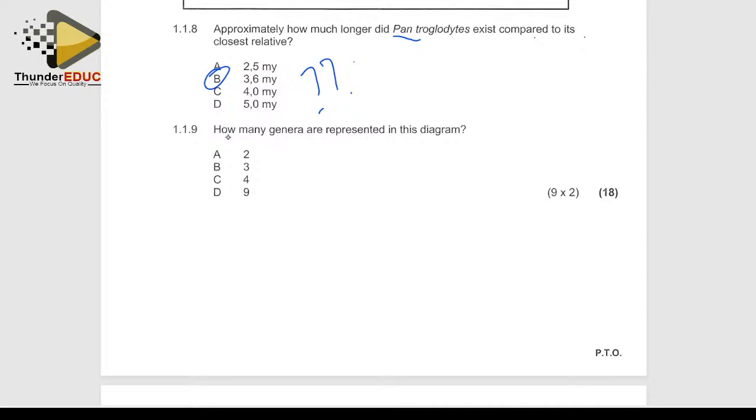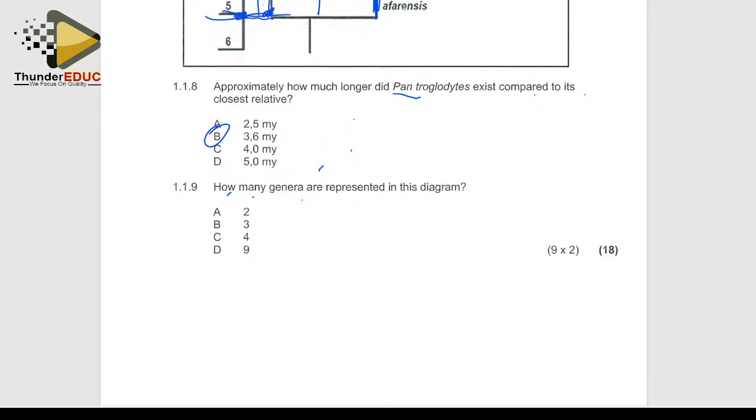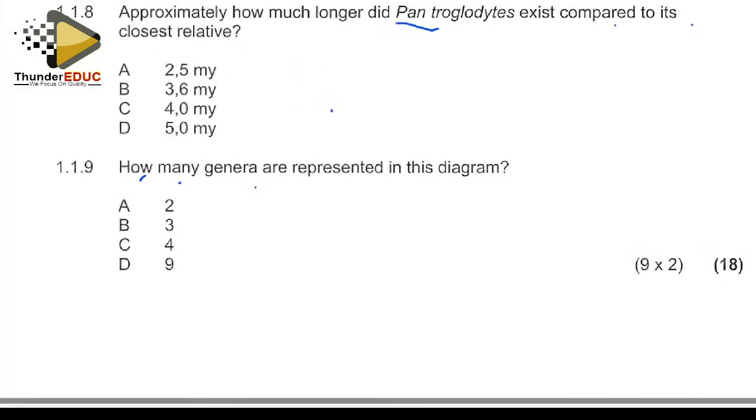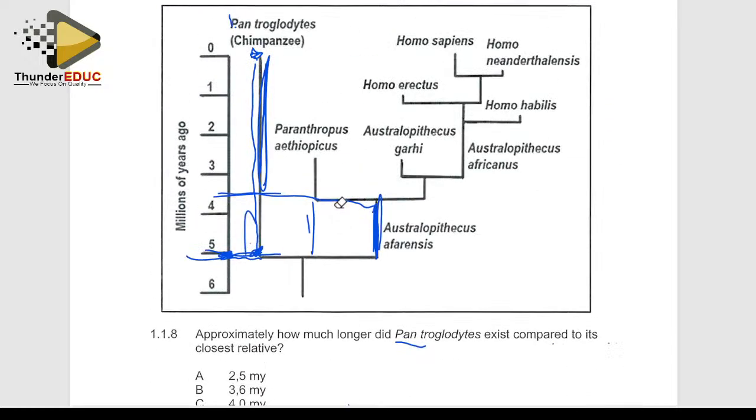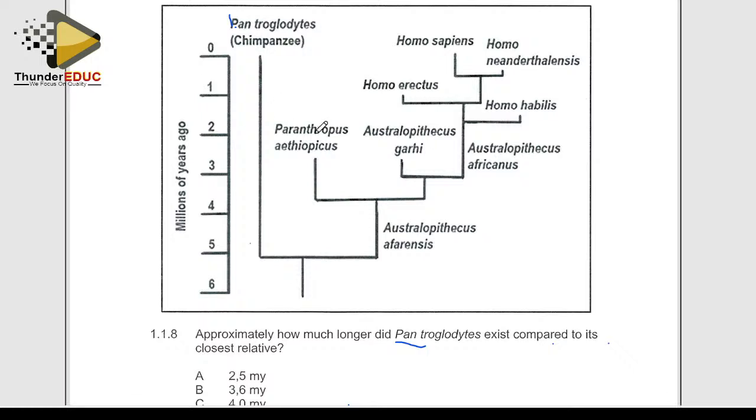So they're saying, how many genera are represented in the diagram above? We told you yesterday that with genera, you look at one, that's one genus. You don't repeat this one again.